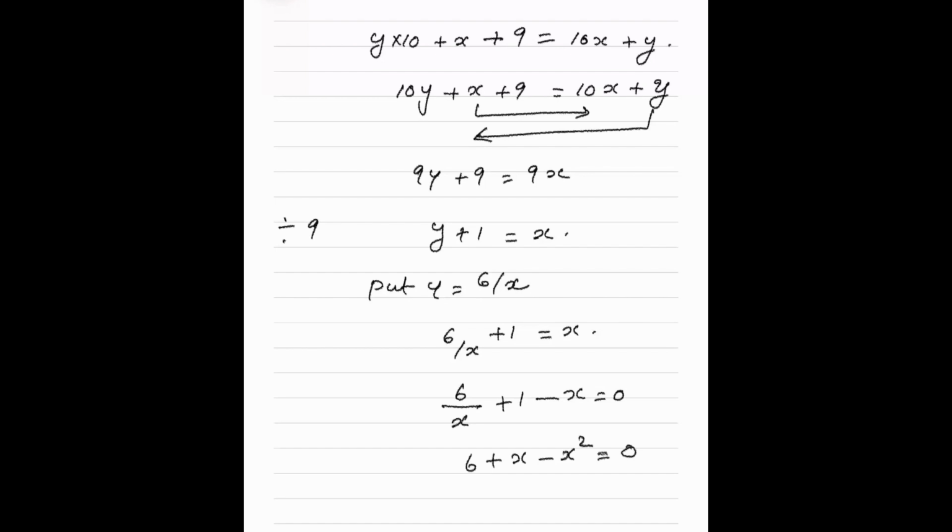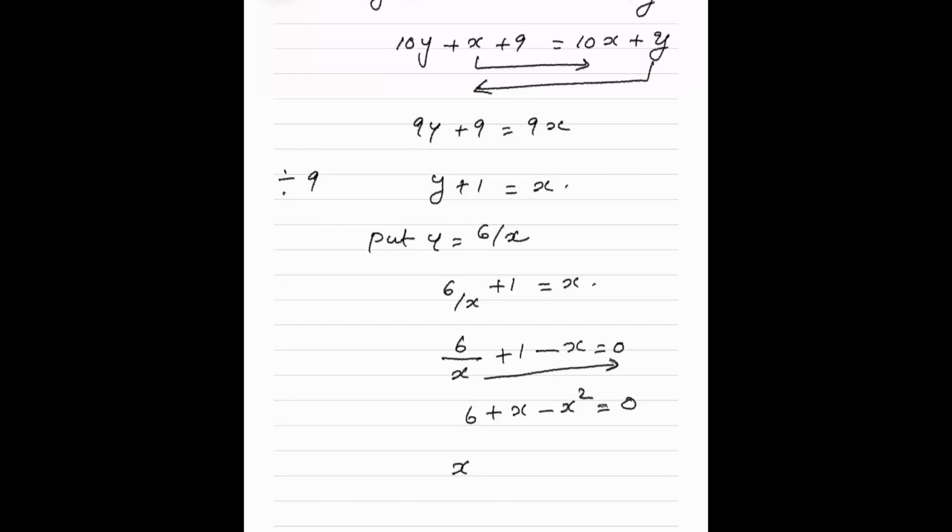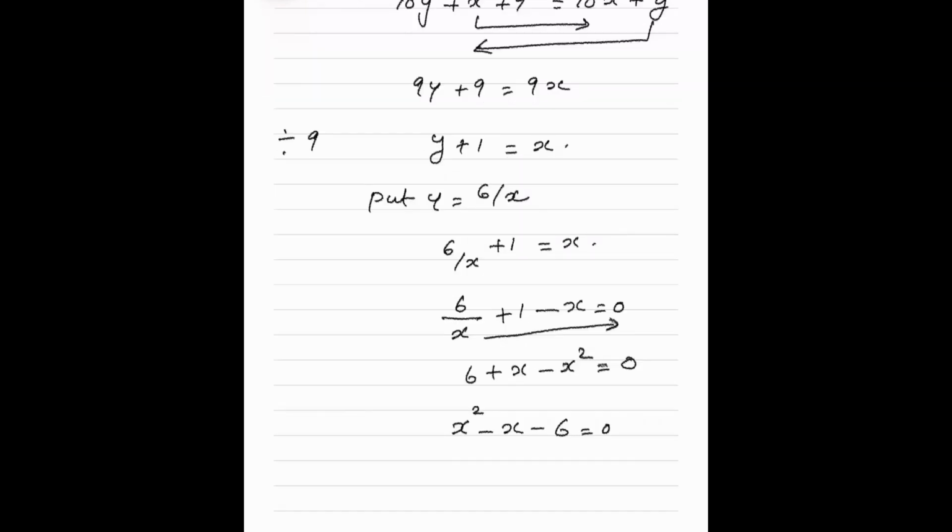After multiplying the denominator to each and every other term, I am taking the denominator to the other side. Now factorize x square minus x minus 6, that is simple factorization. You have x minus 3 and x plus 2 equal to 0, which is x is equal to 3 or x is equal to minus 2.